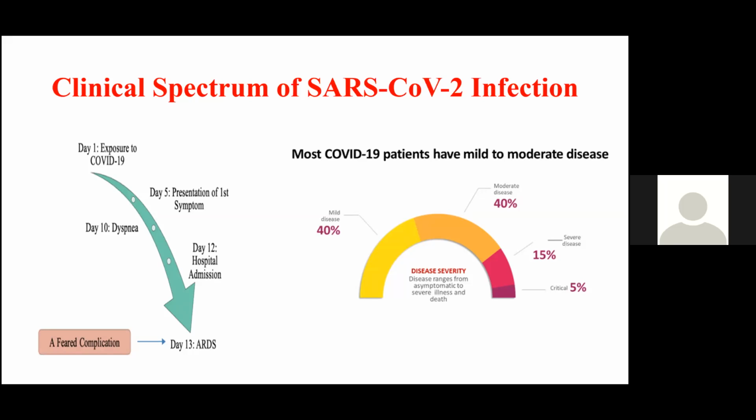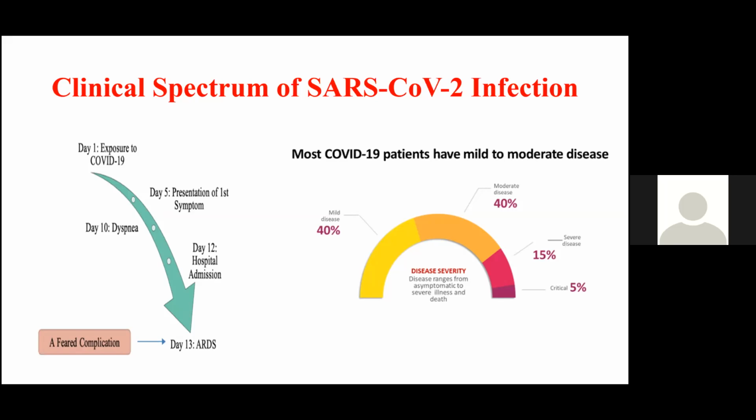Then on day 12, if you are immunocompromised you may be admitted to hospital, and if your immunity fails, ARDS, acute respiratory distress syndrome, may occur at 13 days post-exposure, meaning that the severe symptoms occur at least 10 days after exposure.